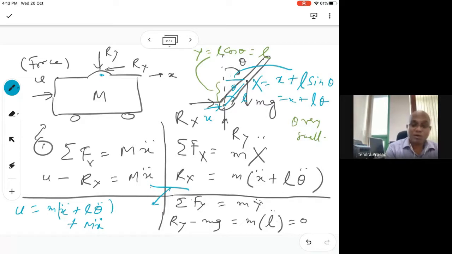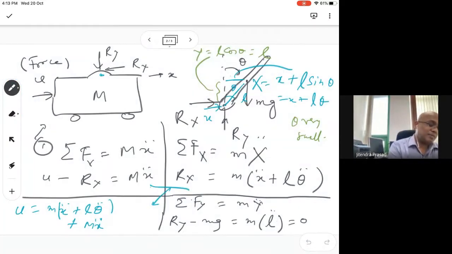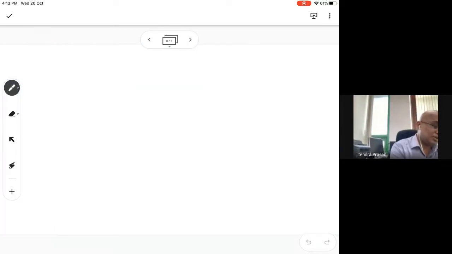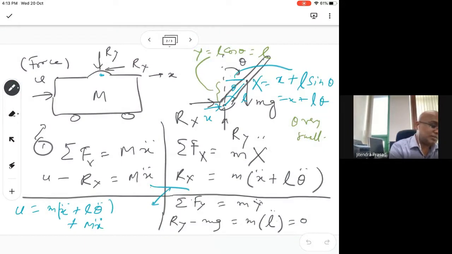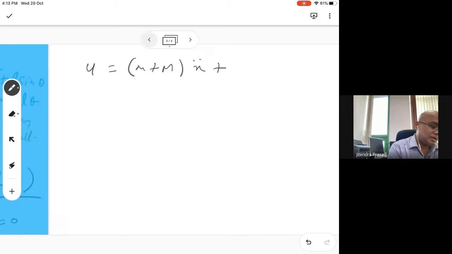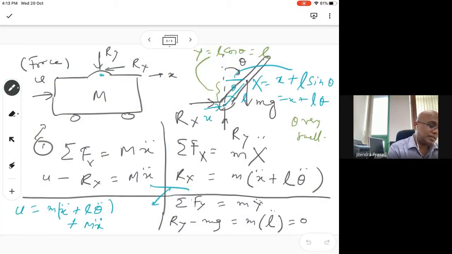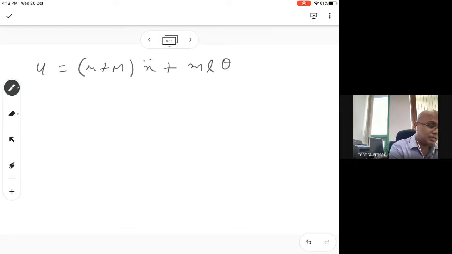However, there are two outputs here. So looking at it, we have u equal to, we can combine together, small m plus big M, x double dot, plus you have m L theta double dot.